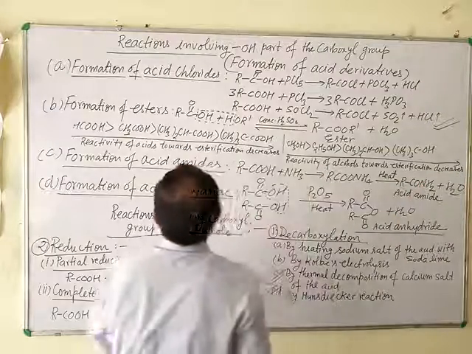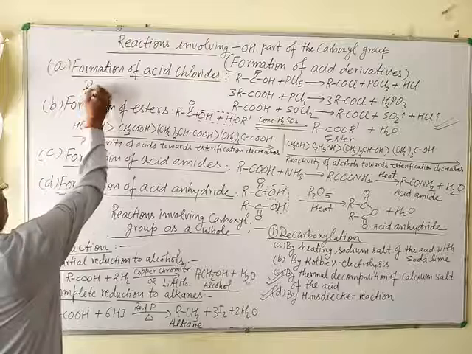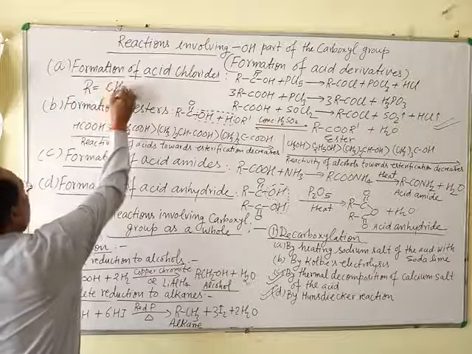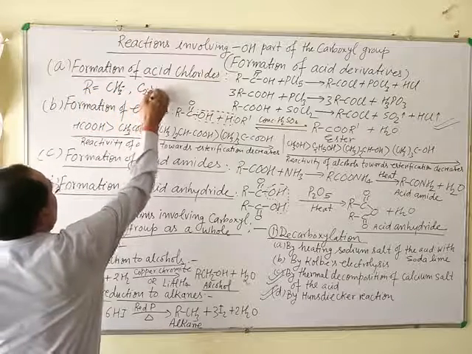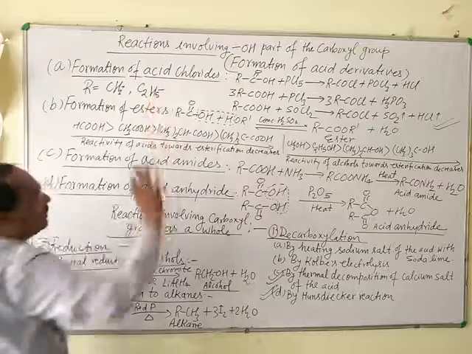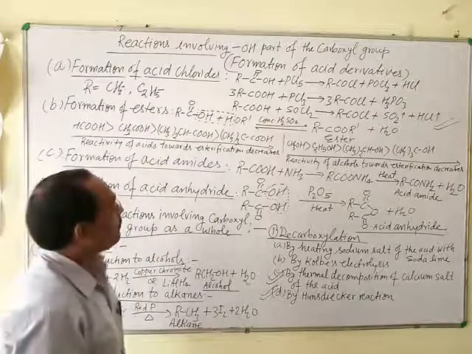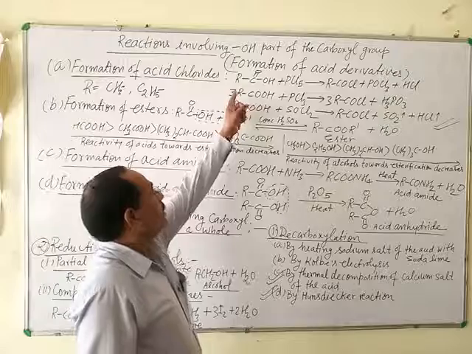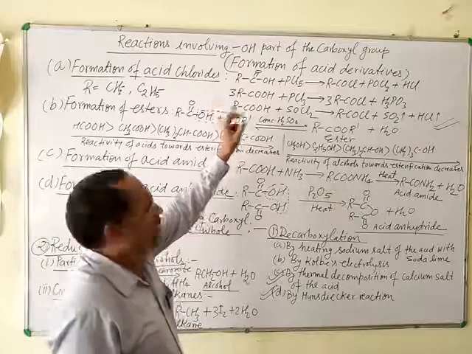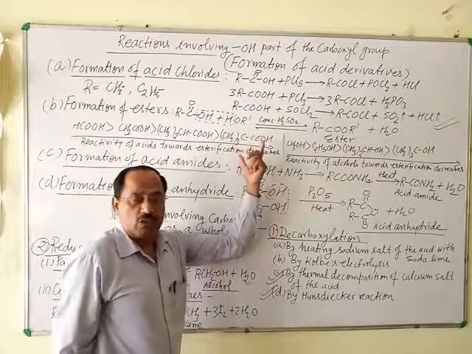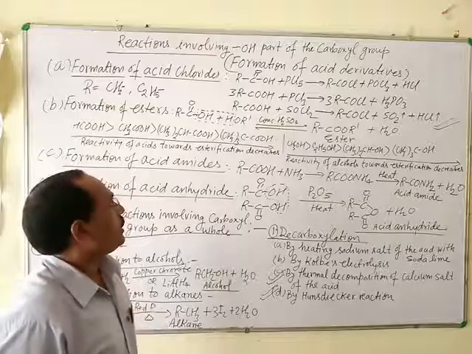Here R may be a methyl group, an ethyl group, etc. R equal to an alkyl group, or it may be aryl. It may be an aliphatic carboxylic acid or maybe an aromatic carboxylic acid.